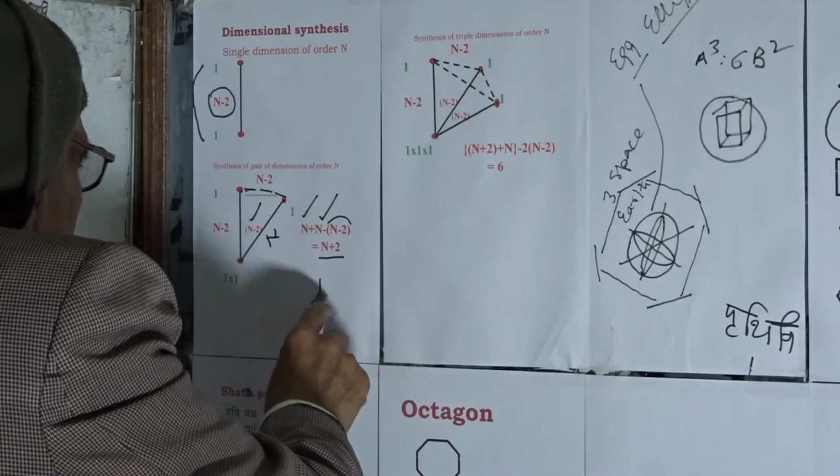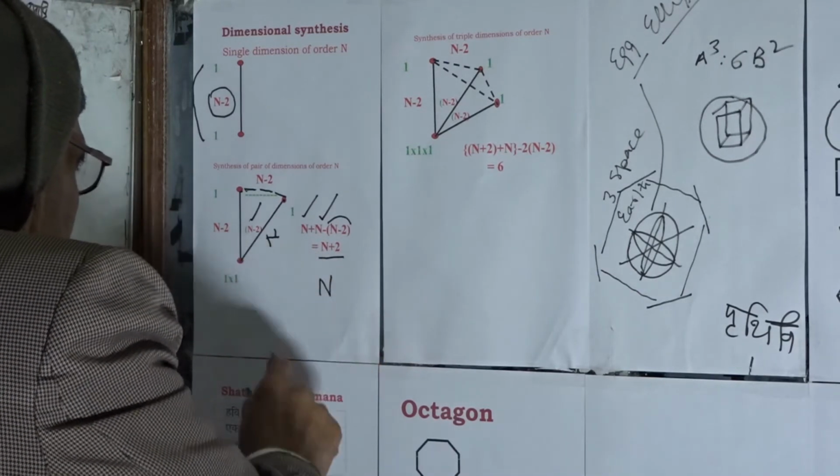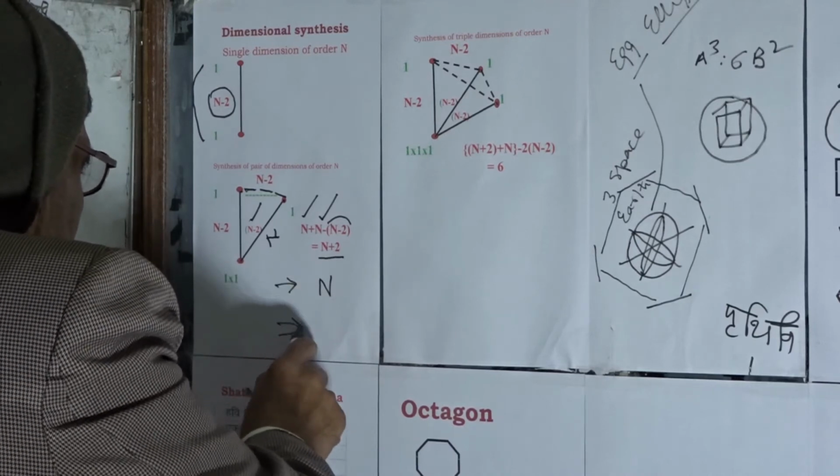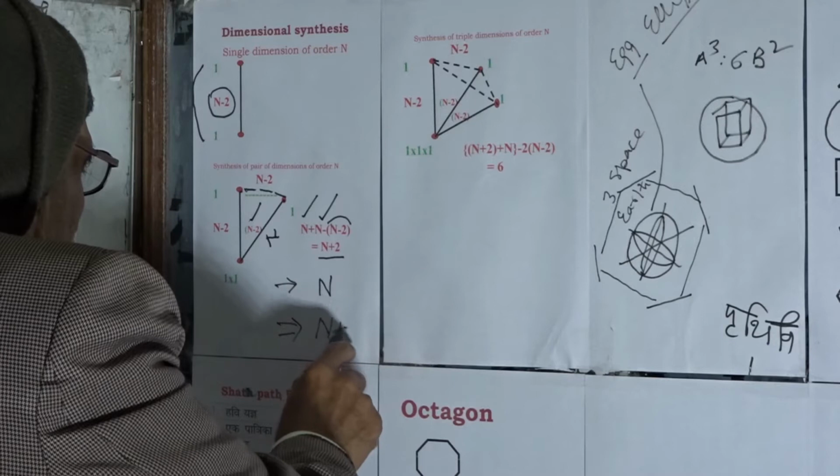Therefore single dimension gives us value n, then the pair of dimensions lead us to value n plus 2.